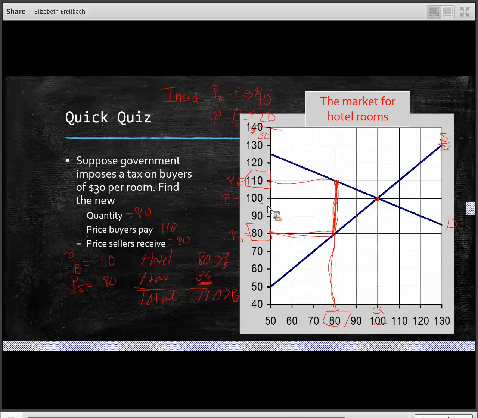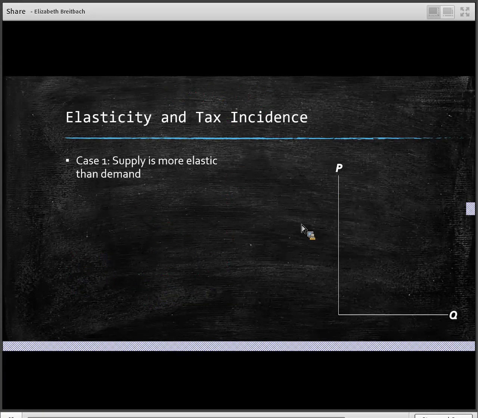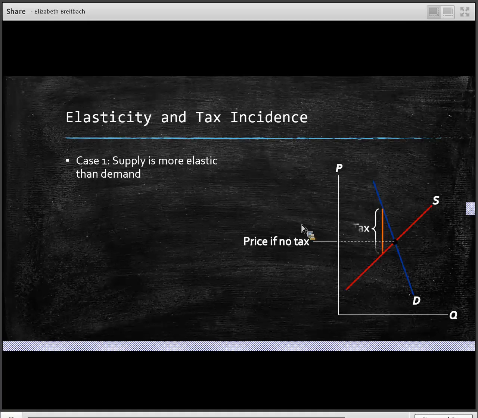When that's the case, if there is a tax placed on the market, the difference between the price that sellers receive and the initial equilibrium is going to be the burden that the sellers pay. So this represents the tax incidence for the sellers, who have very elastic supply. They're very price sensitive. They're going to leave the market if the price falls too low.